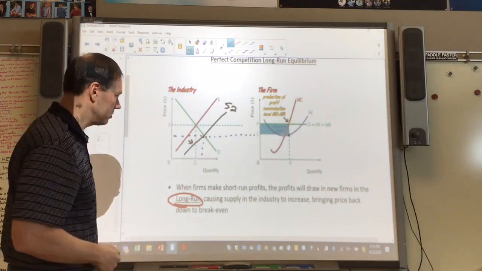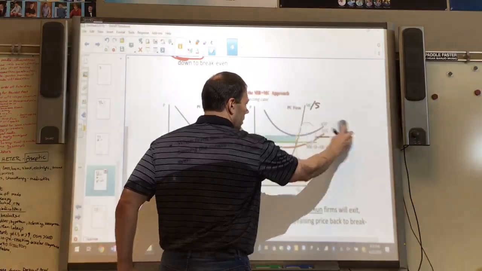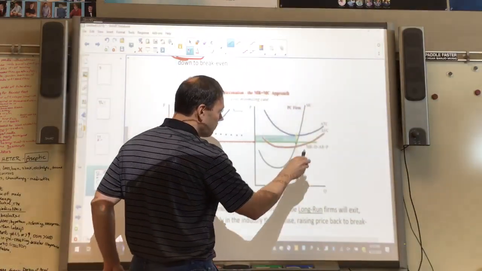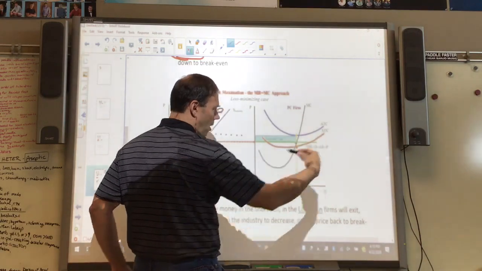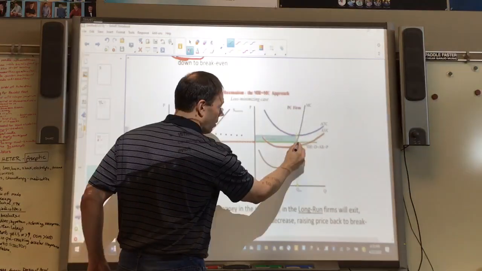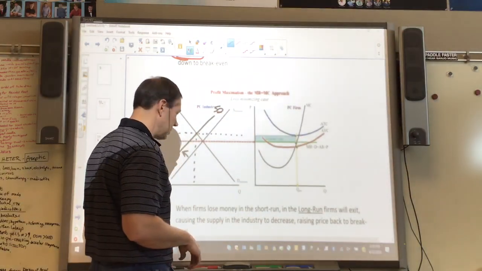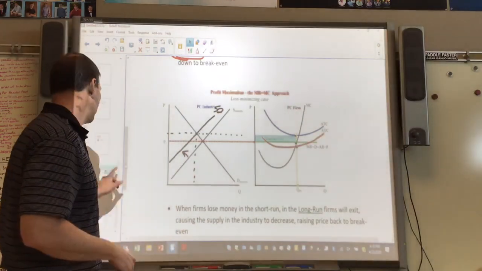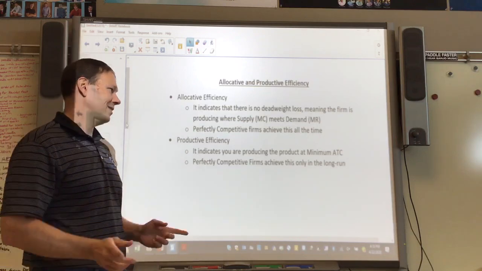MC always intersects at the lowest point, and you'll see the same thing on this graph down here. Okay, a little bit harder to read this one, but they're producing right here. Again, that's slightly off where MC intersects ATC, so you know it's not the lowest point. So productive efficiency you do achieve in the long run, but not in the short run.